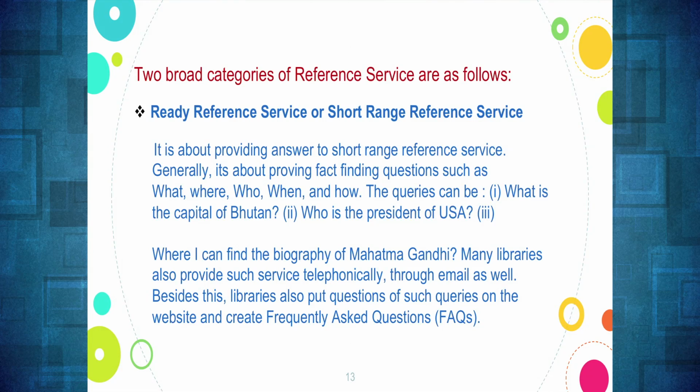The query can be what is the capital of Bhutan, who is the president of USA, and where is Los Angeles located, in which country it is located. So, all these queries which are confined to what, where, who, when and how fall under the category of ready reference service, or we can call it a short range reference service.